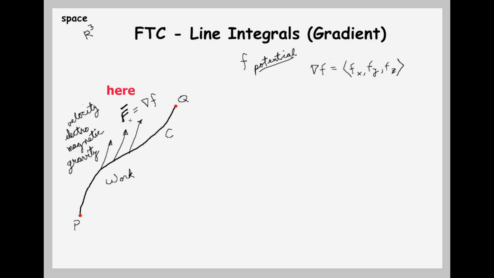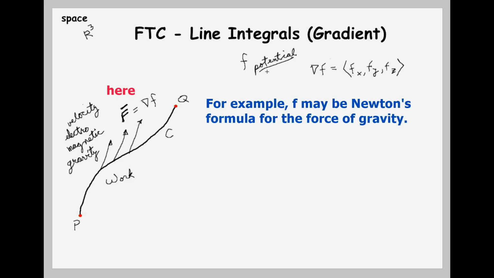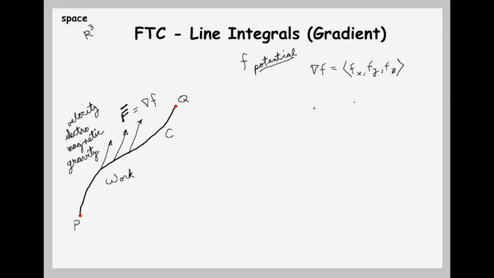Now the idea behind this theorem is, if we can find a scalar function little f called a potential function such that the gradient of f equals that vector field F, then we can write first in black the derivative function, which is the gradient of little f, the potential function. So we start with that in black.